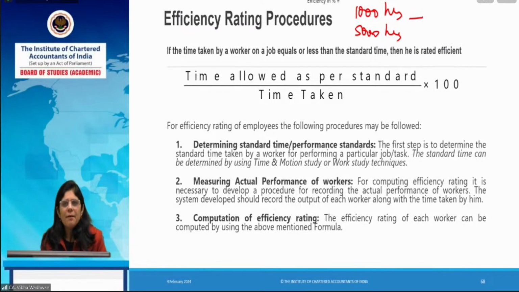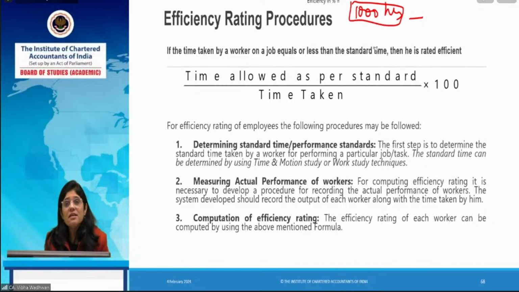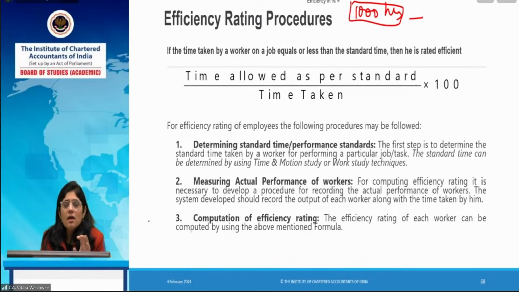But for example, when we do the efficiency rating of our current workers, it is seen that 1000 hours will be required. What I'm saying is very important. Try to understand. This efficiency rating is very important to make the budget. So we say that the standard time should be a total of 1000 hours we require in a year.